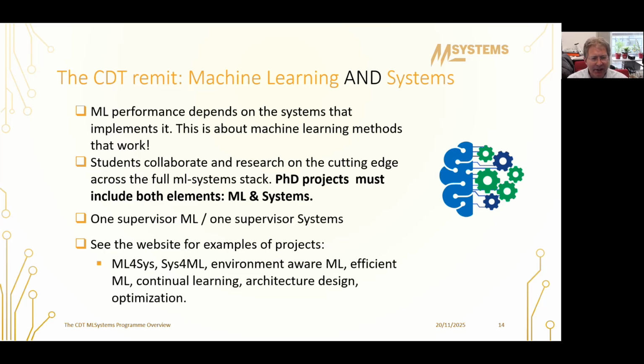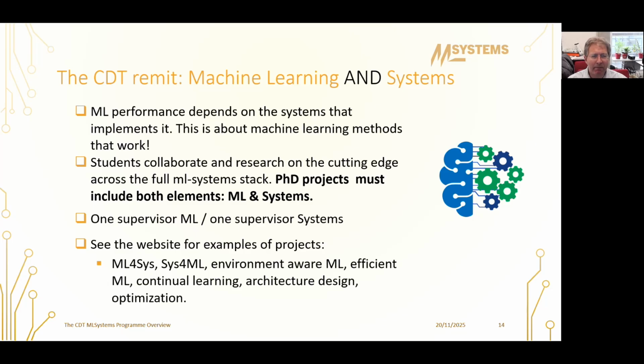So the point of our CDT is to look at the connections between machine learning and computer systems. So often our students are coming in either with a machine learning background or a computer systems background.